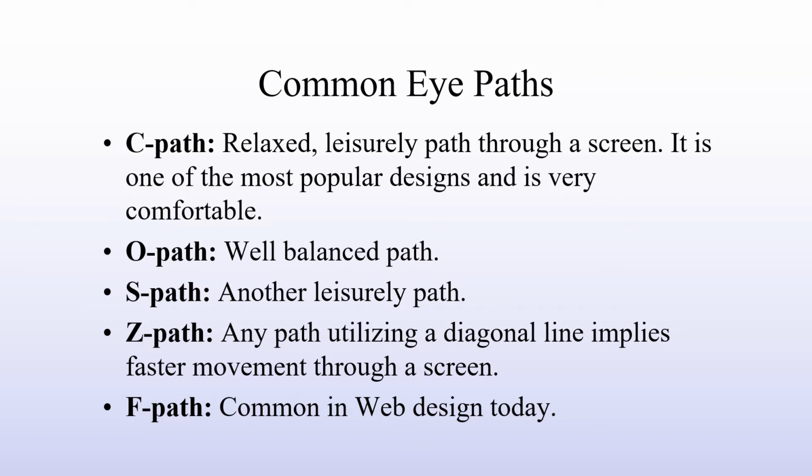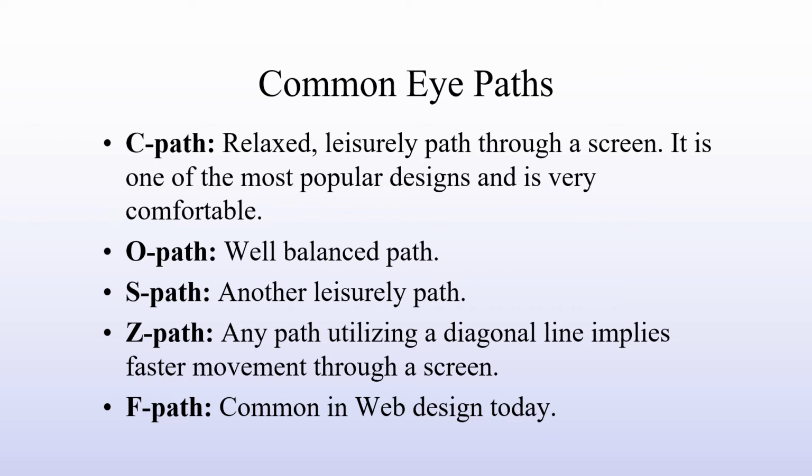Now, it doesn't have to be the entire screen. Depending where the elements are on the screen, it could be a partial screen, but we're still drawing a letter C on there. So what is the deal with the C path? Well, it's a relaxed, leisurely path of looking at a screen. It's comfortable for the user, and it's often used. And we'll look at some examples in a moment.